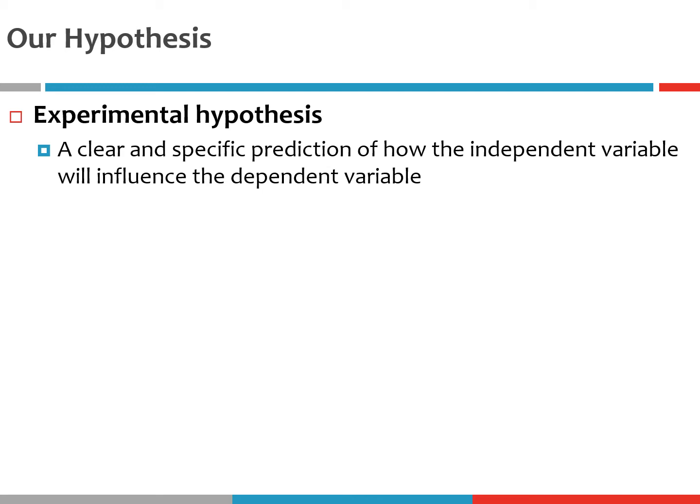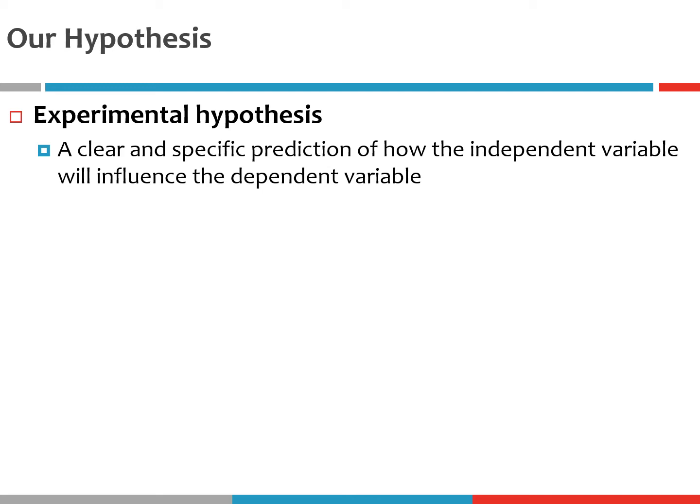So in my experiment on meditation, my experimental hypothesis is that meditation will be superior to stress management, my control group, with regard to levels of depression, somatization, and anxiety. And that's kind of what I found for the most part.